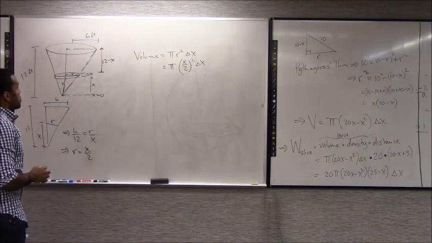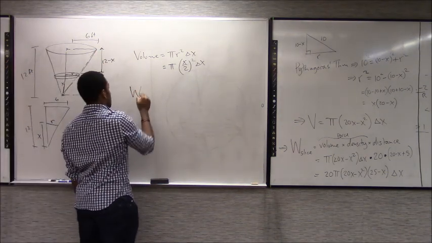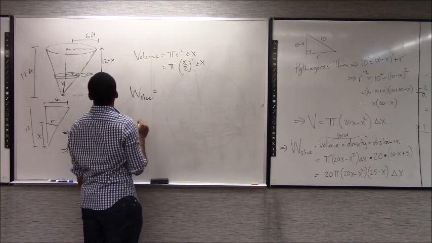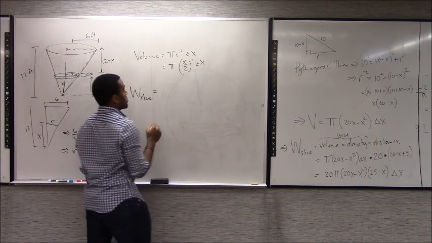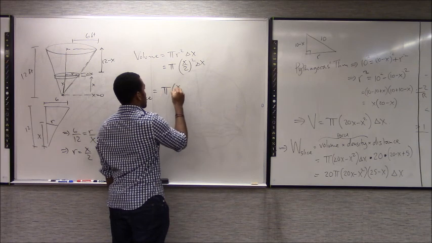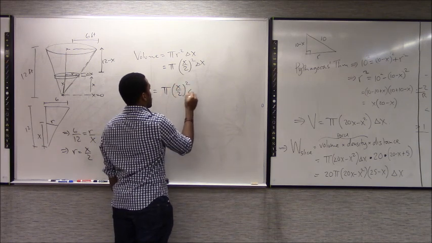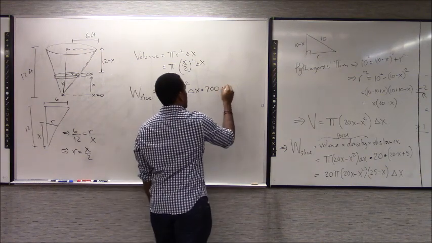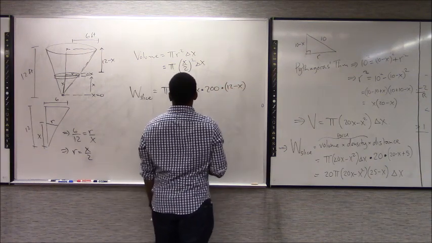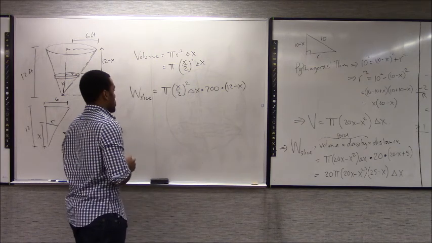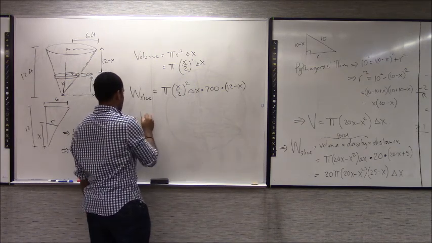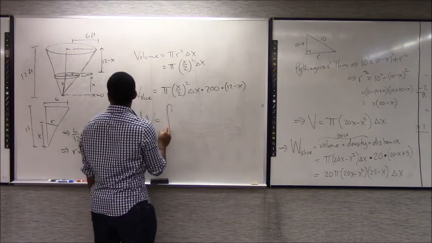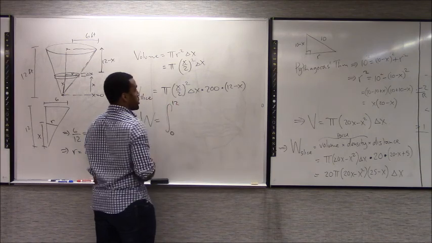So we found the work for just that slice is the volume times 200, the density, times 12 minus x. And then the total work is the integral of that from 0 to 12. Right, because it's filled, so it's the whole thing.